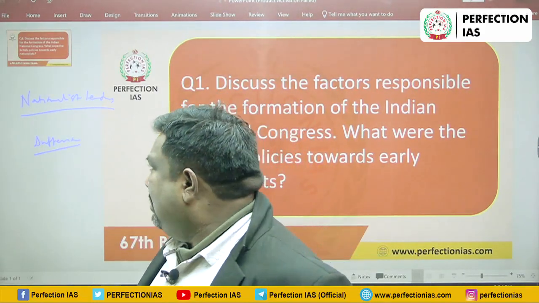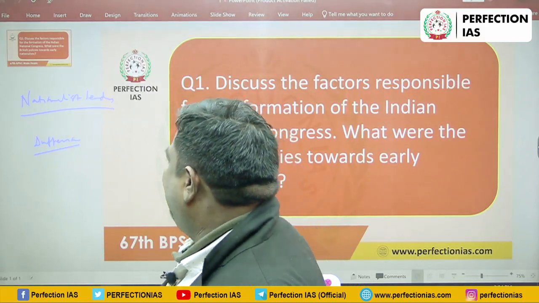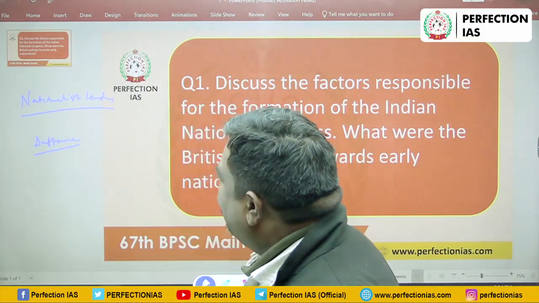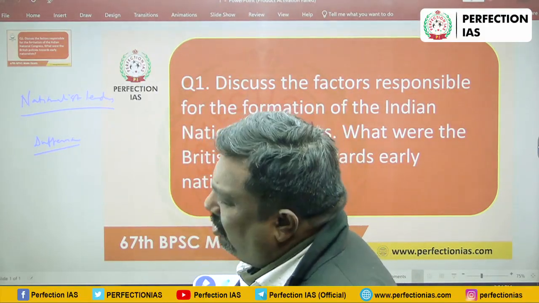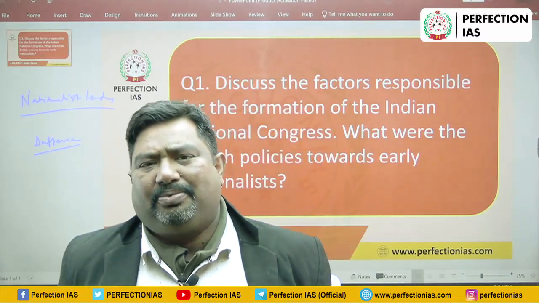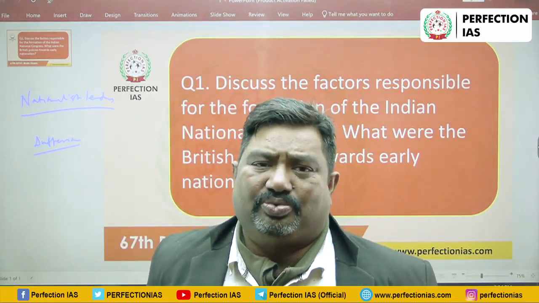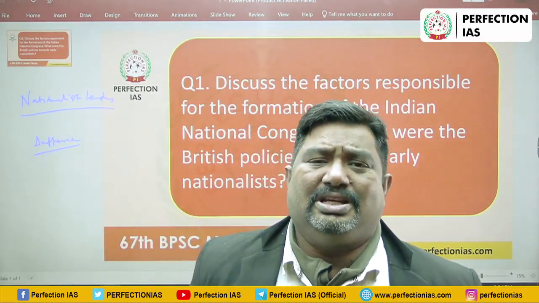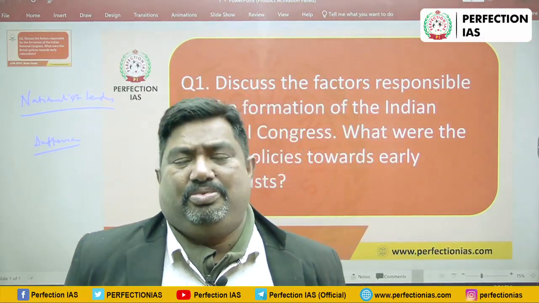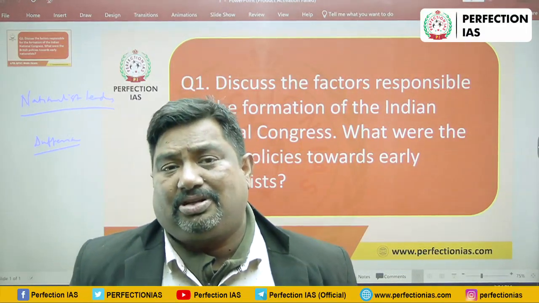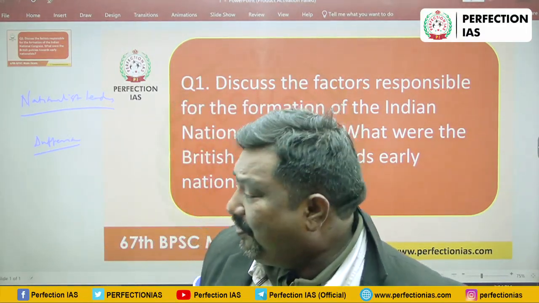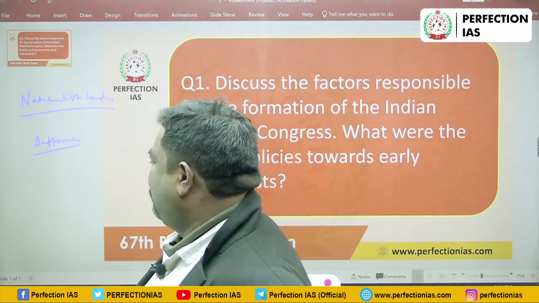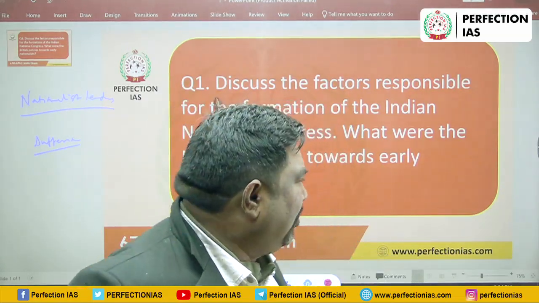Secondly, due to the communication gap, it was very difficult to rule, and they had lost a lot of manpower and wealth in due course of this suppression. It was becoming detrimental. Thirdly, for their image also it was not good, because internationally it could be detrimental for their own image sake. So they agreed to the formation of Indian National Congress.